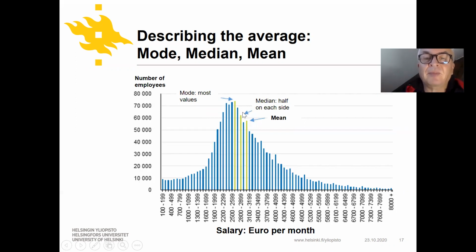Then we have the median. And the median is useful because it already tells something more. So you could theoretically have two modes, for instance, equally high, and then a distribution between them.